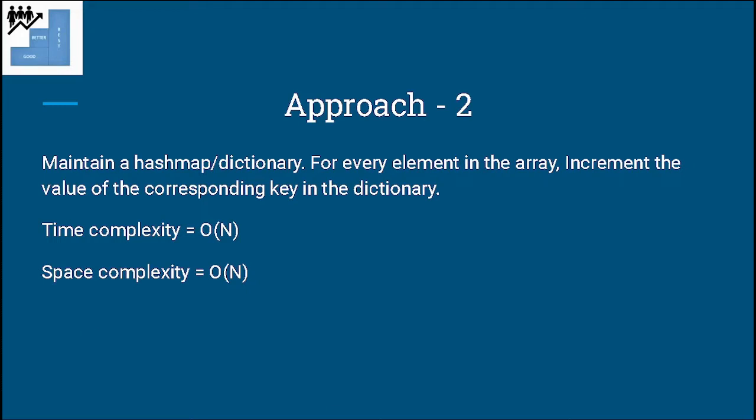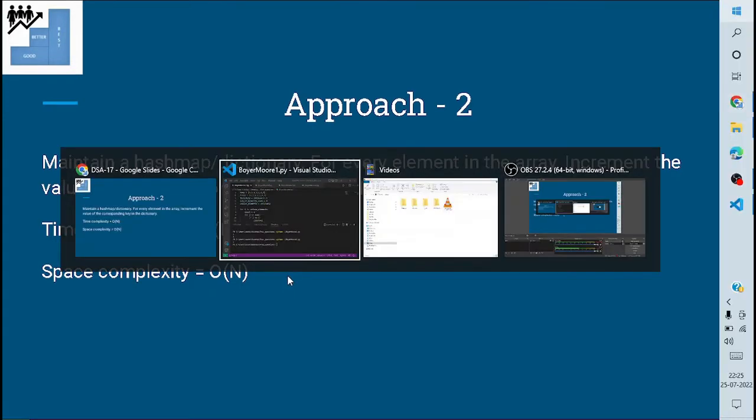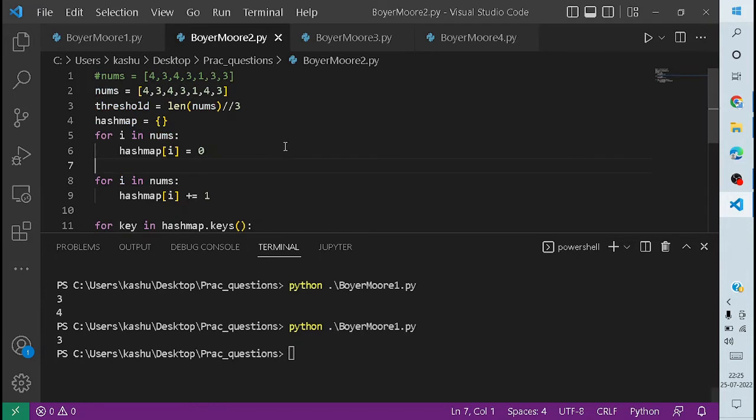In this way, we'll be able to store the count of all the elements in O(n) time complexity only. But an additional space of O(n) would be required in this implementation.